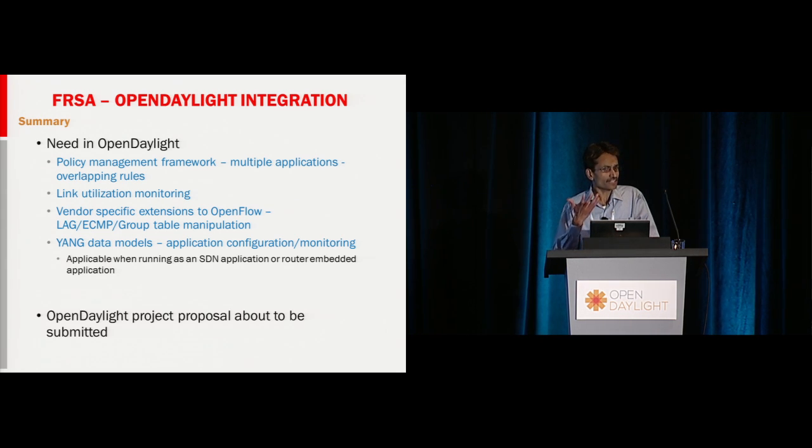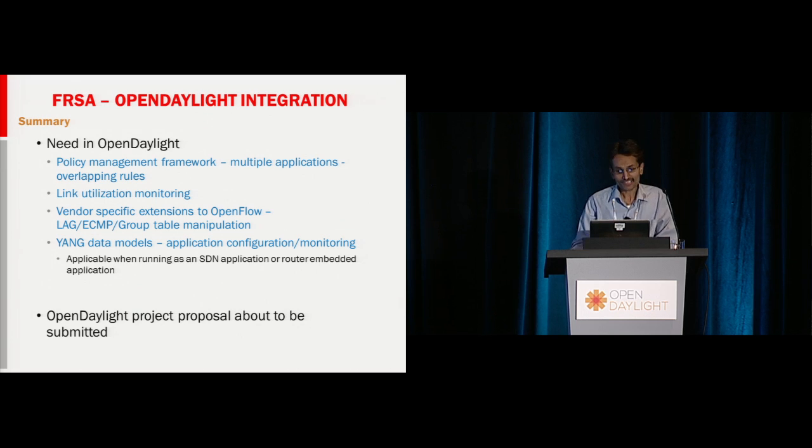And the beauty is the Yang data models can be leveraged whether you're doing an SDN application or a router embedded application. That's the interesting idea of the floating northbound talking to the application or really the network node. And also we're going to submit an OpenDaylight project around this. Feel free to chat with me further on that.